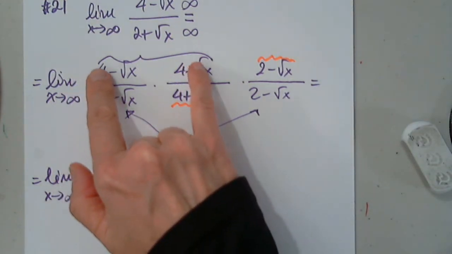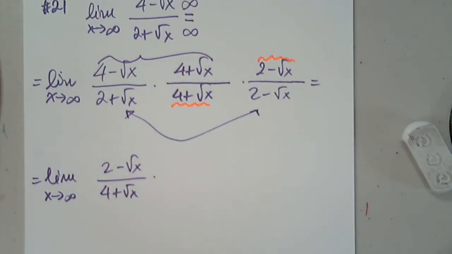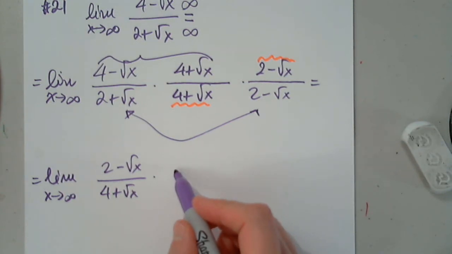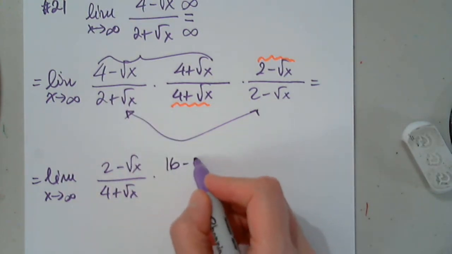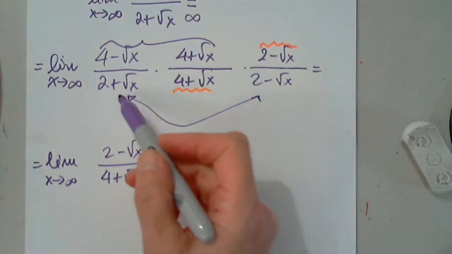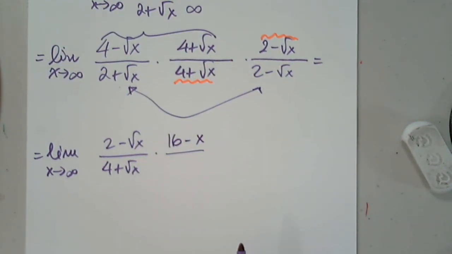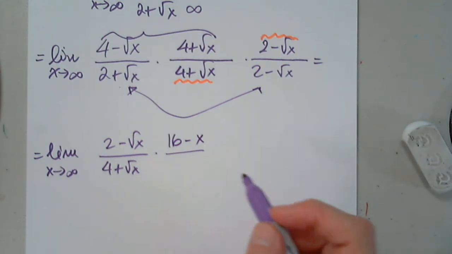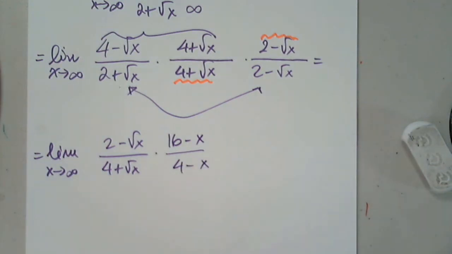Now, can anyone give us this product? That's 16 minus x. Good. And what about these two? Four minus x.